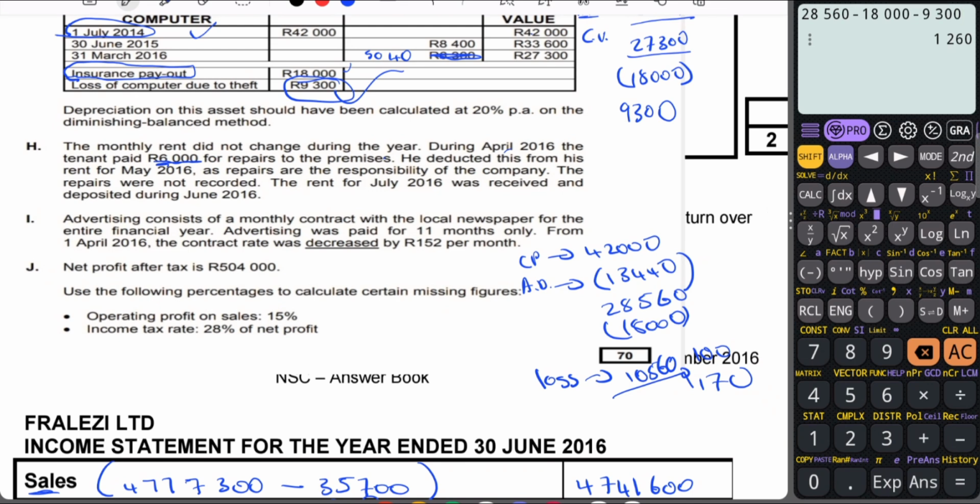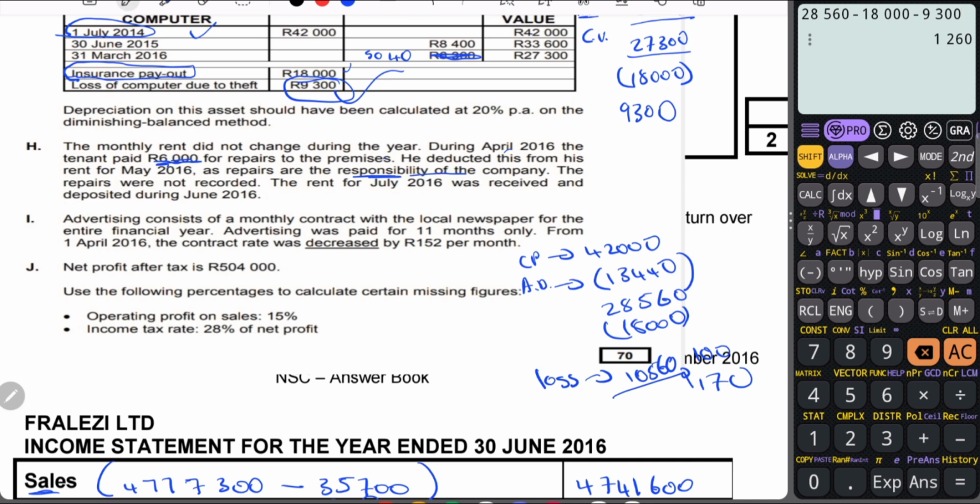Okay, he deducted this from his rent for May 2016. So in other words, guys, we have already recorded this one as repairs. As repairs are the responsibility of the business, the repairs were not recorded.